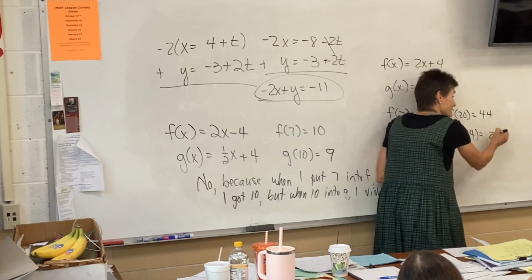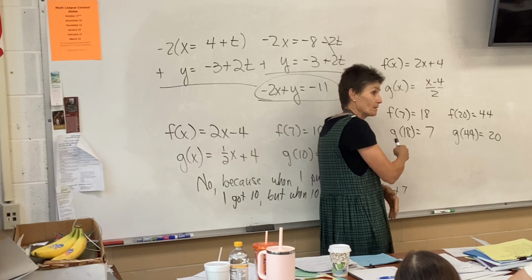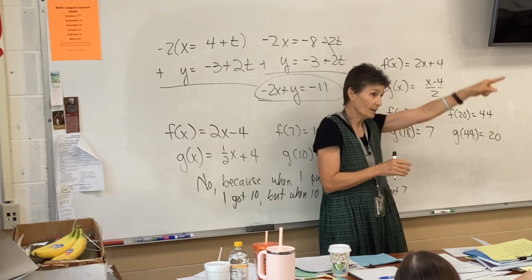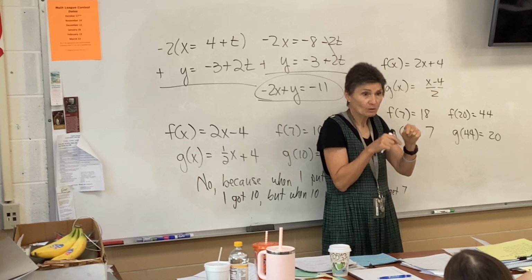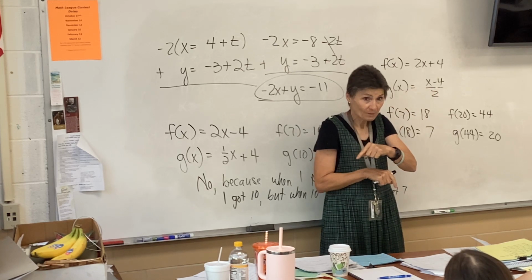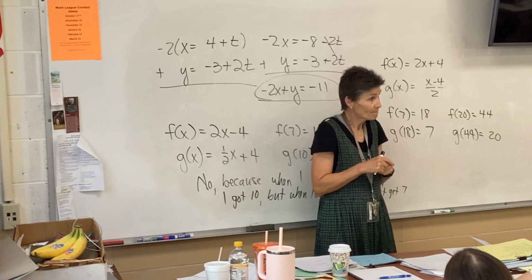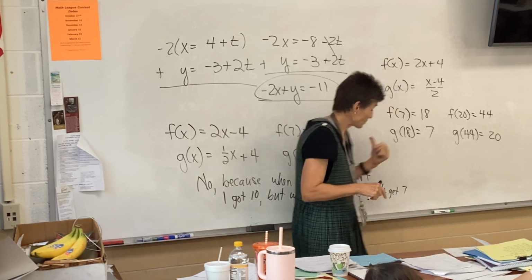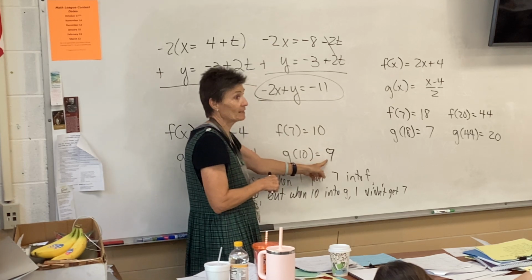See how that works? If they're inverses, you have this relationship. So pick a number, plug it into the first one, get an answer. Take the answer, plug it into the second one, and you should get your original number back again. Got it? This one they weren't because that didn't happen. This would have had to have been a 7 and it wasn't.